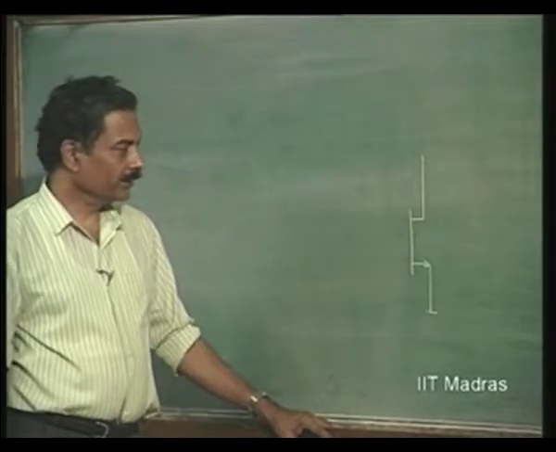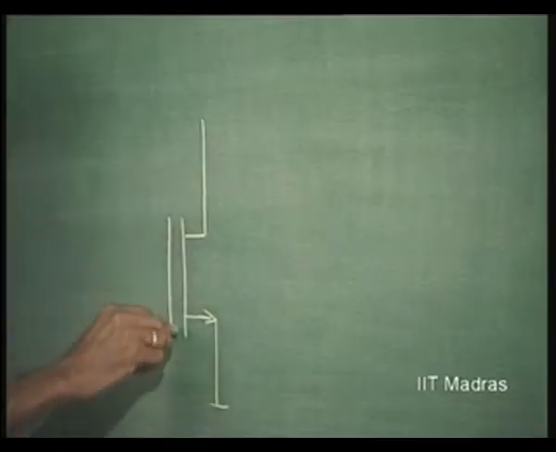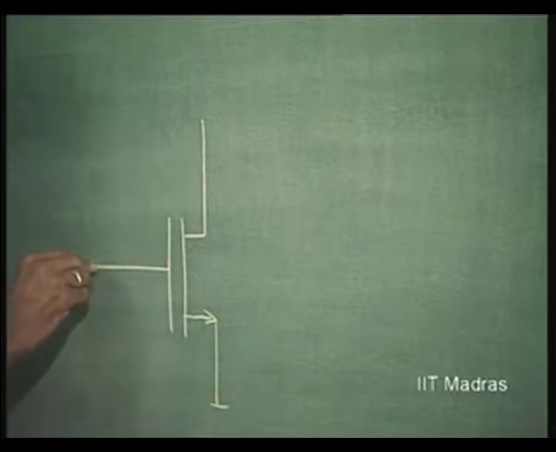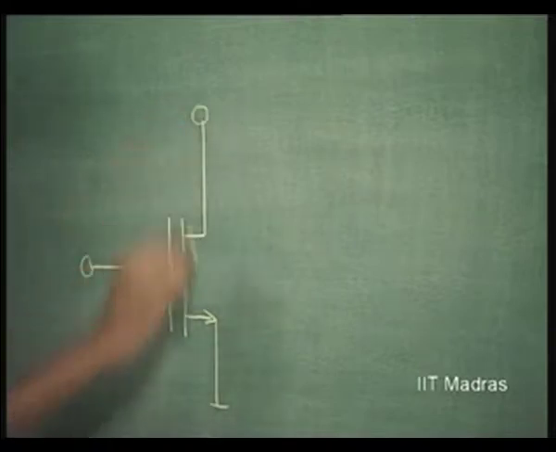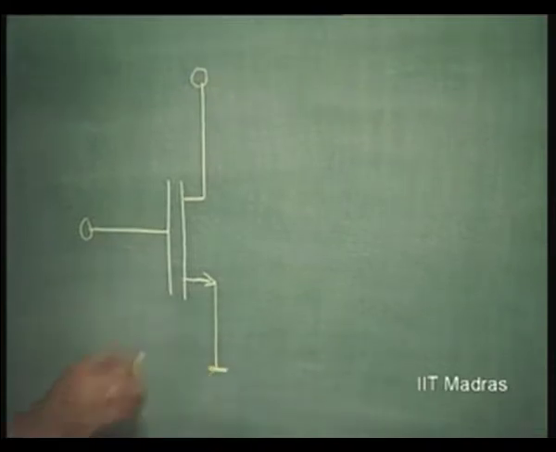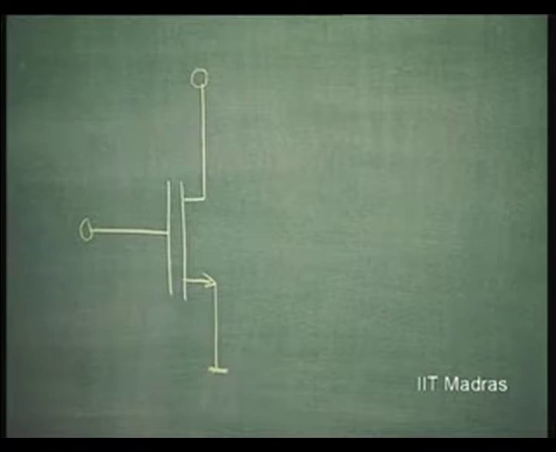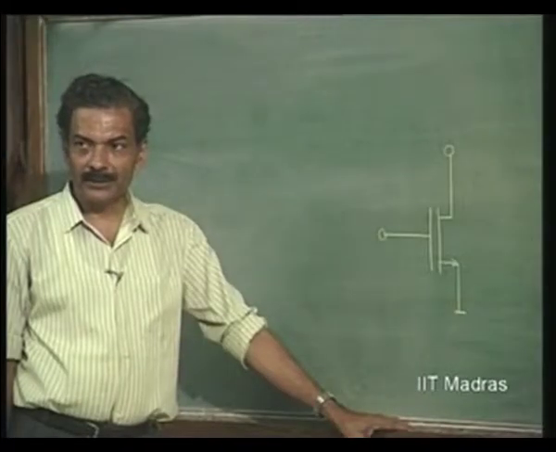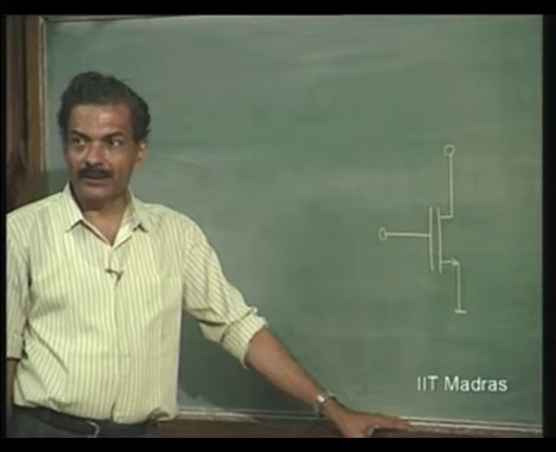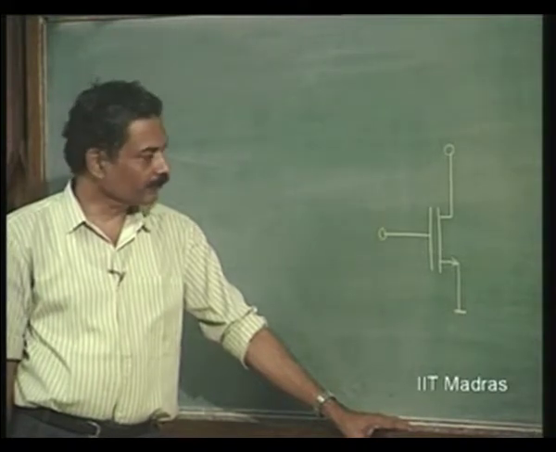So, this controlled voltage dependent resistor effect of the FET is what we are now going to discuss in detail, because unlike the bipolar junction transistor, this is one active device which can also be used as a passive device, that is a controlled resistor.